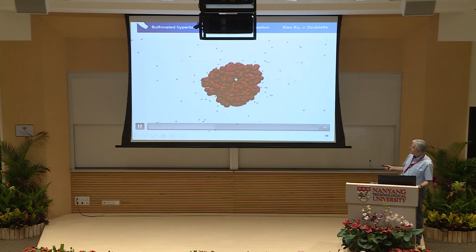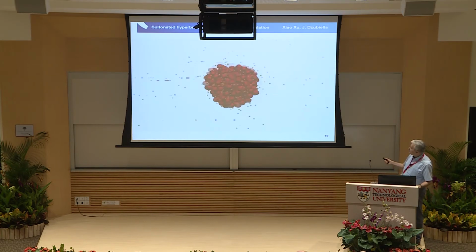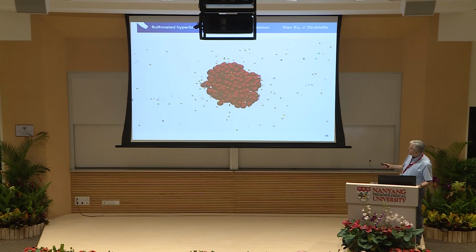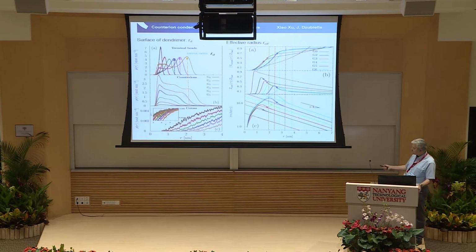So Joe first studied the dendrimer, and you have these counter ions. What you cannot see in this movie is that you have a rather dense layer of condensed counter ions, and then of course these free counter ions. In this coarse-grained simulation, you can look into all the details.